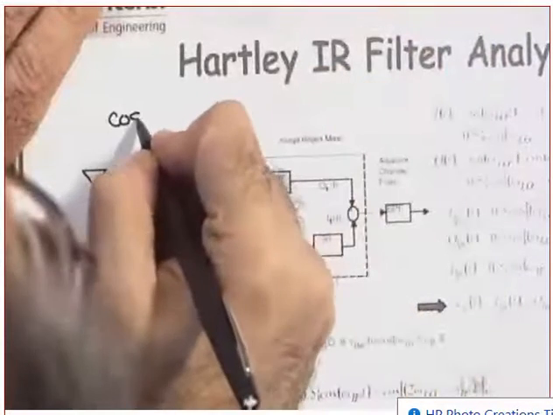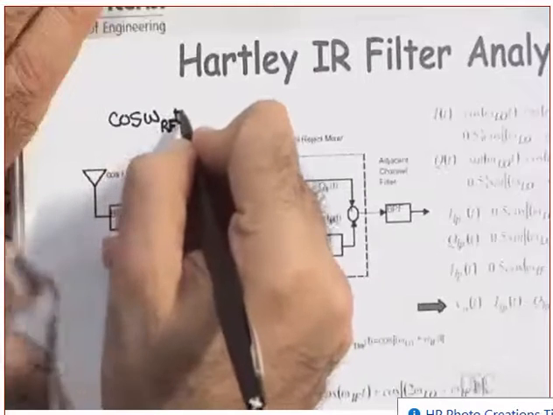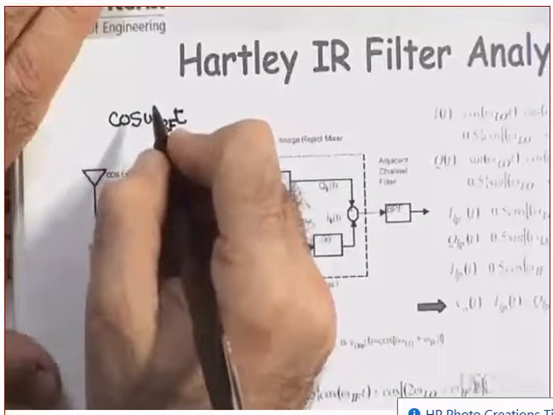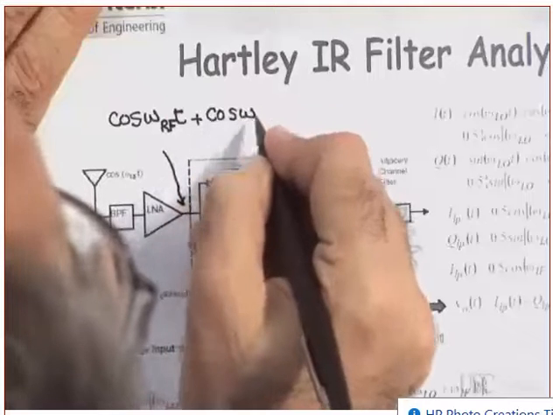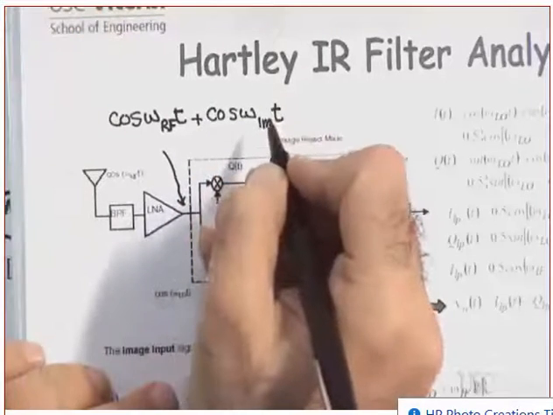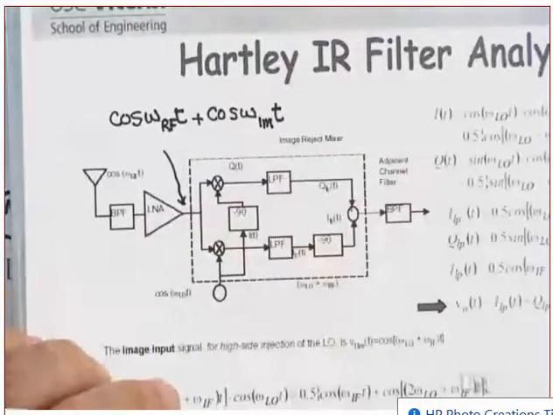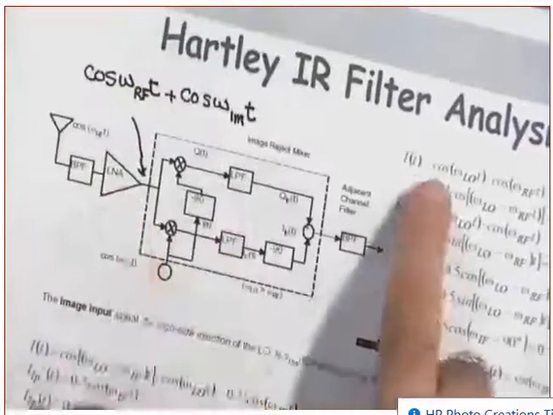The signal is cosine omega RF t plus cosine omega IM t. What is IM? The image. Yes or no? Okay.